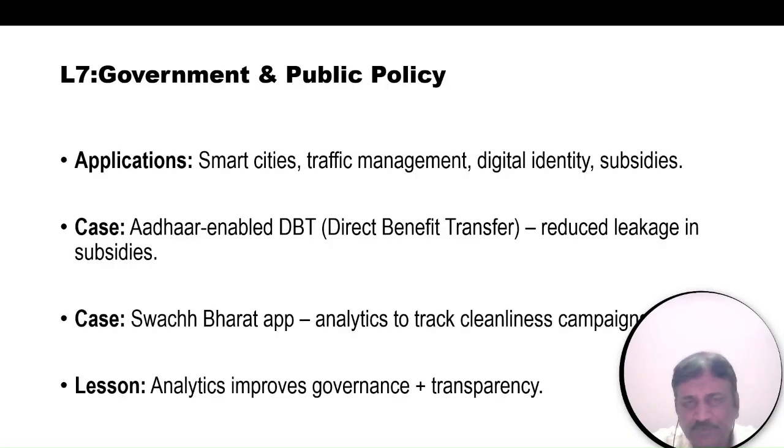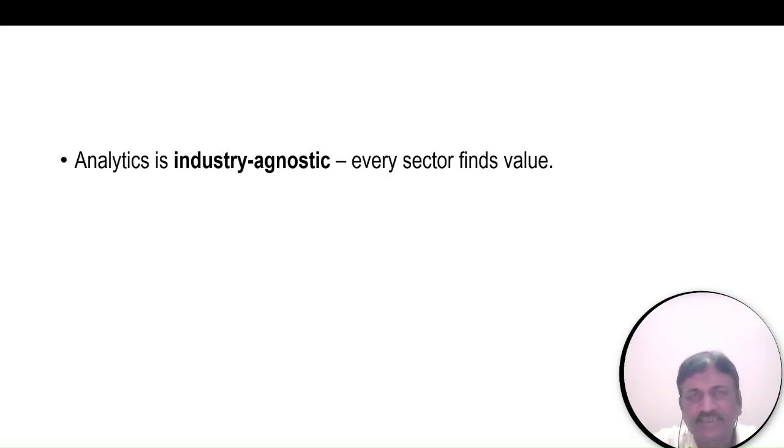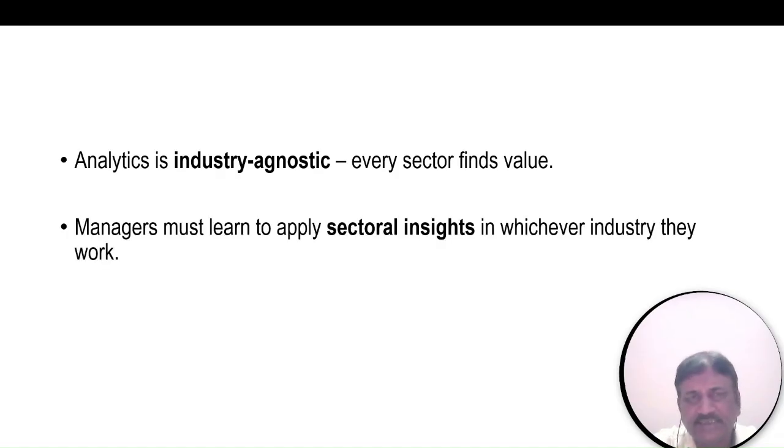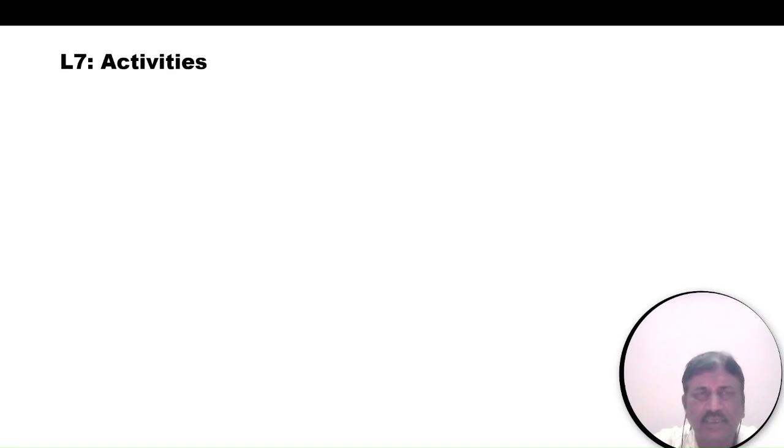Lesson: analytics improves governance, and there is transparency in the governance because of this. Analytics is industry agnostic; every sector finds value. Managers must learn to apply sectoral insight in whichever industry they work. Key message: analytics equals competitive advantage everywhere.